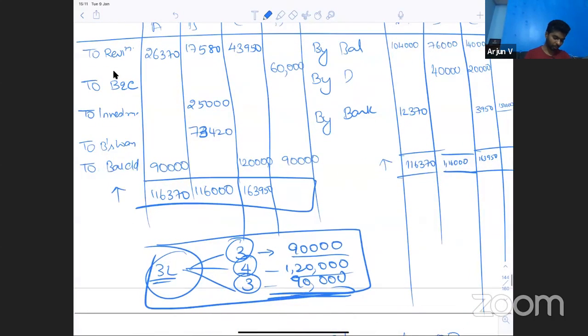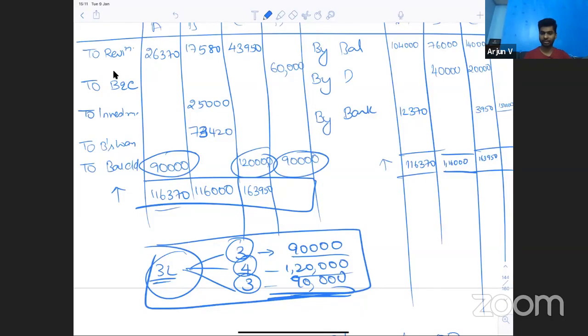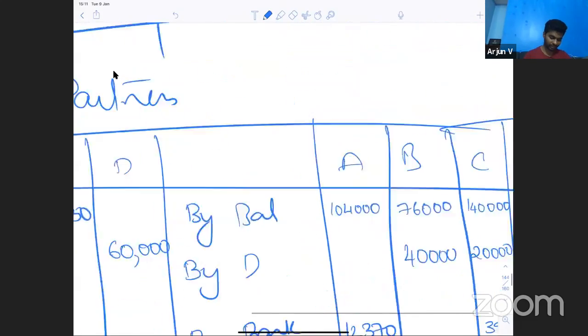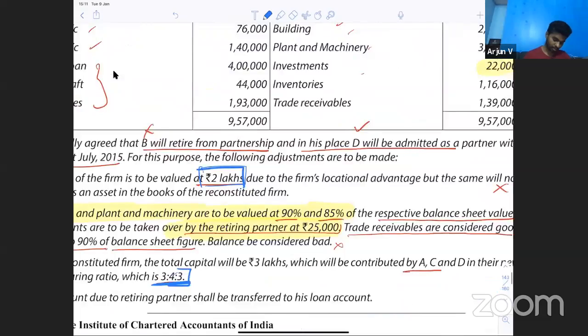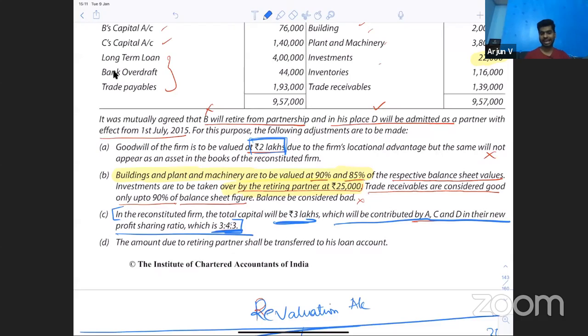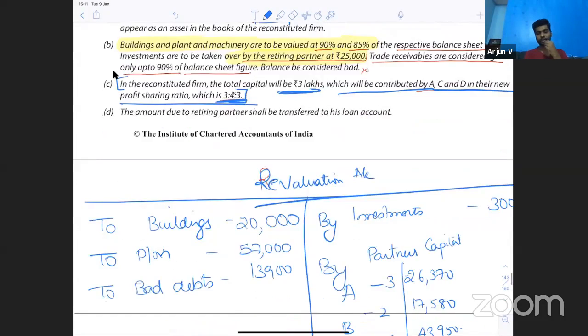So when you put the balancing figure as 90,000, 1,20,000 and 90,000, there is a mismatch between debit and credit. That mismatch amount, you have to bring it through cash. It clearly mentions in the question here that the reconstituted firm's capital will be 3 lakhs, which will be contributed by A, B, and C in their profit sharing ratio. That means any difference amount, he has to bring it through cash. Are you all clear till now?